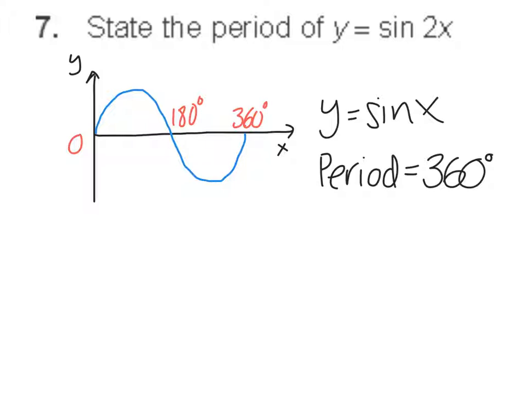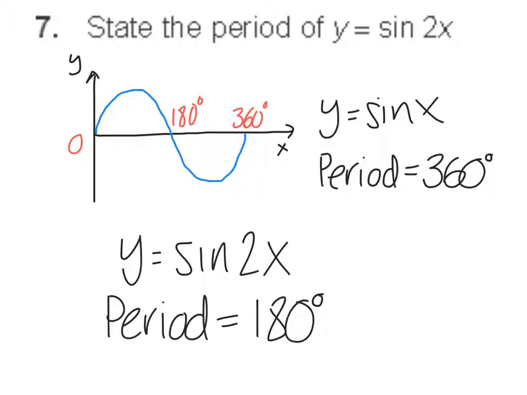Now that function differs from the function on screen because of the presence of this number 2. So what that actually means is that we have 2 cycles present in 360 degrees. So that means this time that a single cycle is completed after just 180 degrees. So that then means that the period of the graph we are looking for is actually 180 degrees.